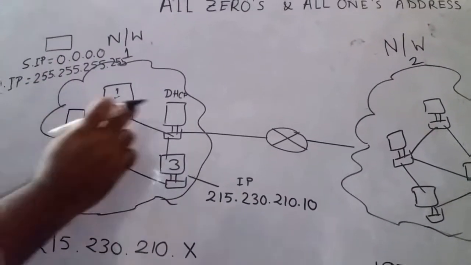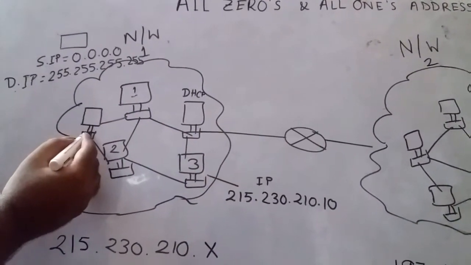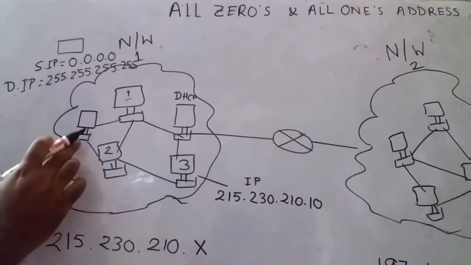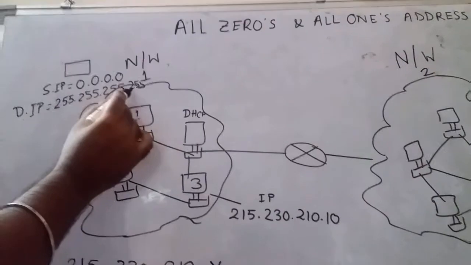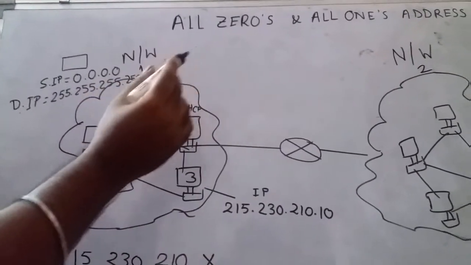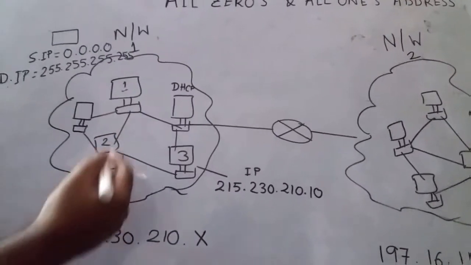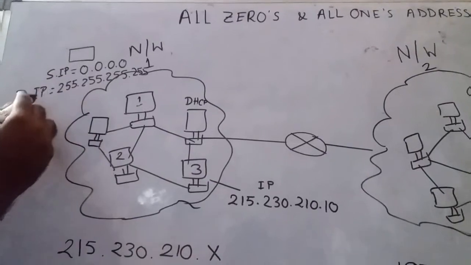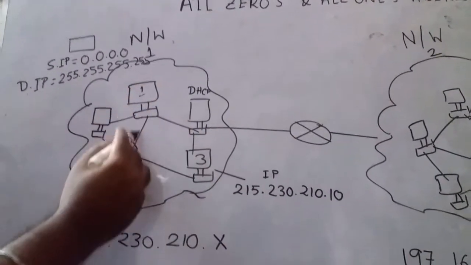When this data packet goes to the DHCP server, it will understand this computer does not have an IP address. It will assign an IP address to that computer. And 255.255.255.255, this is called the all 1's address. This is also called the limited broadcast address, because when you use this all 1's address as a destination IP address, the data packets will reach all the computers.